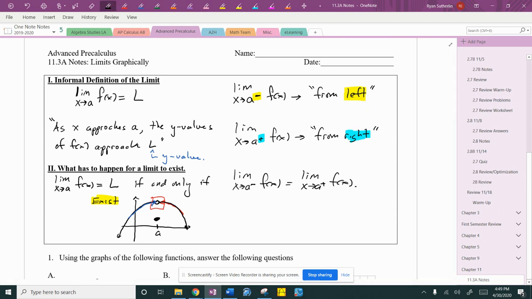Now, let's show a quick example of a limit that does not exist. So let's say we have our a value right here. And let's say, I'll do it in a different color here, I have a function that looks like this.